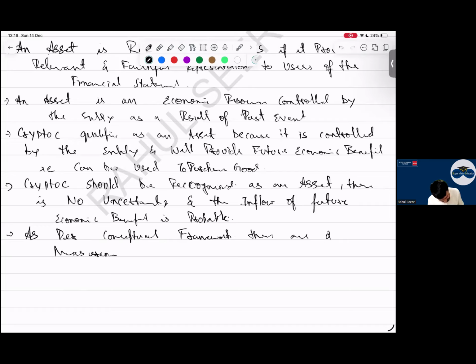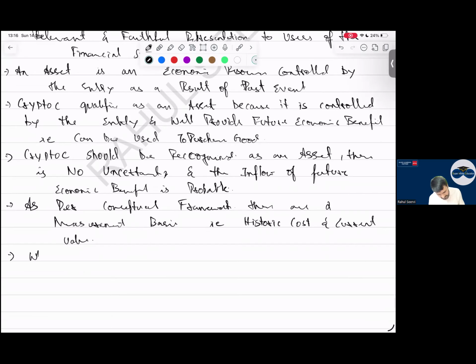I'm writing a detailed answer a little bit. Even though you will not write down this point, you can directly write that when selecting the measurement basis, what should we keep in mind? As per conceptual framework, there are two measurement bases, that is historic cost and current value. Yes, sir. We have written this also.